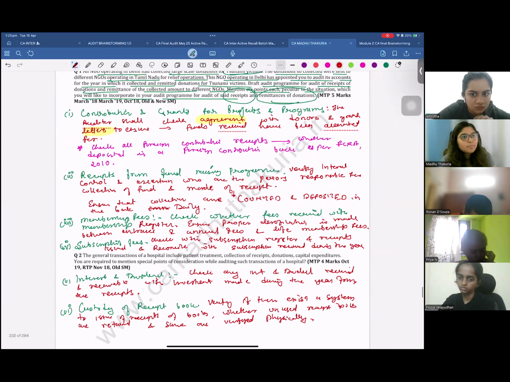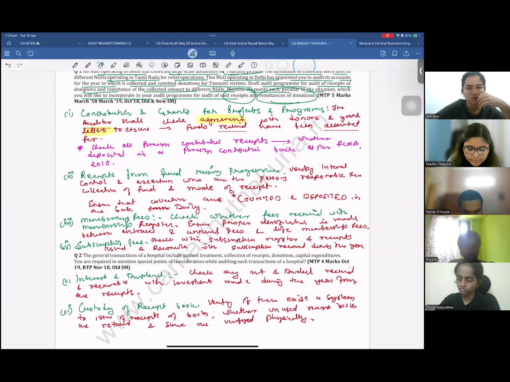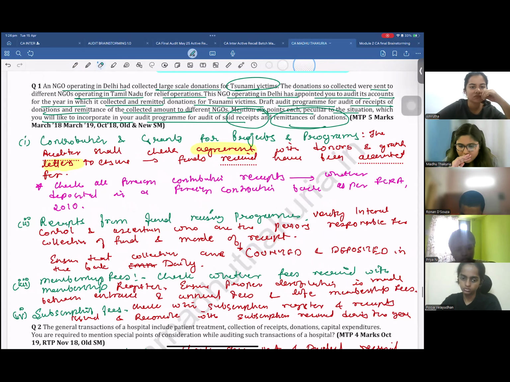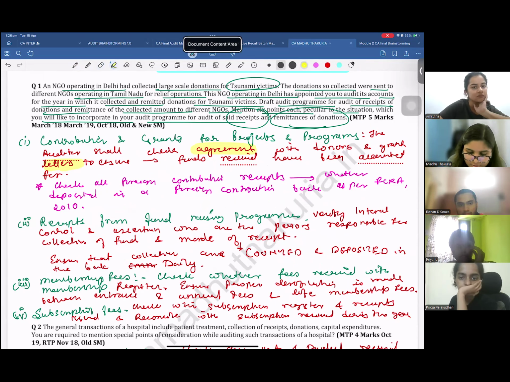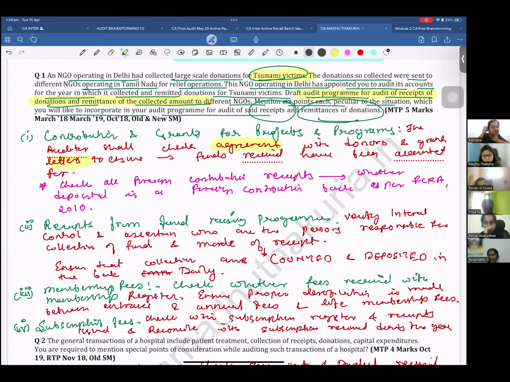Now, I'll tell you what is the problem with this question. When you read this question, they gave you a scenario where there was a donation received for the tsunami victims. Then they ask you to draft the audit program for audit of receipt and remittance of amount collected to different NGOs, and mention any 6 points peculiar to the situation which you would like to incorporate in your audit program for the audit of the said receipts and remittance of donation.